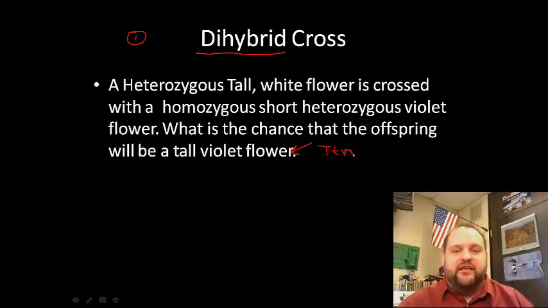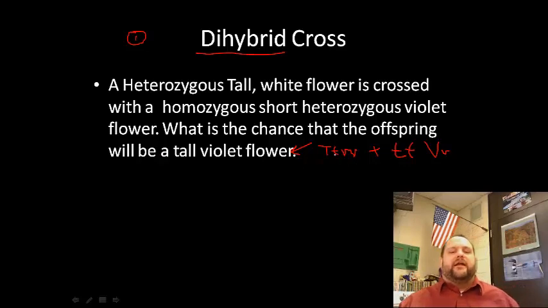I'm going to put tails on the ends of my v's so you can tell that they're little v's. And we're going to cross that with a homozygous short. Short's the recessive, so the only way to get homozygous short is little t, little t. And then a heterozygous violet, so I have big V, little v.